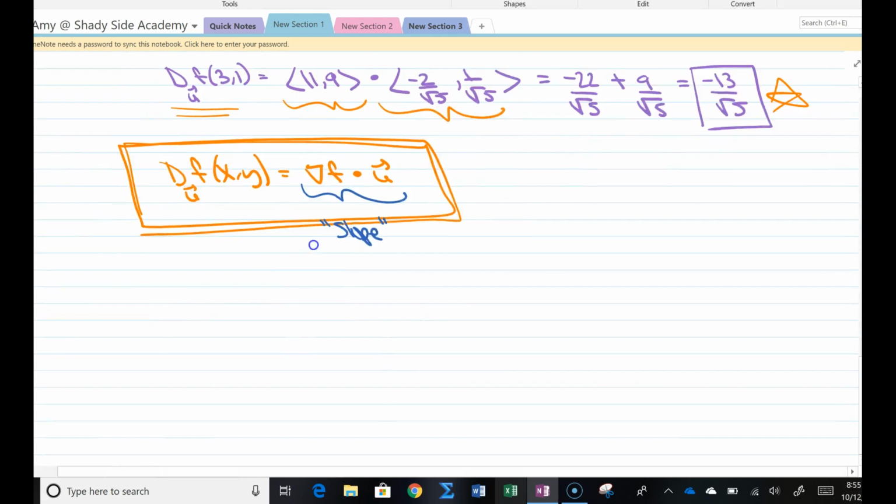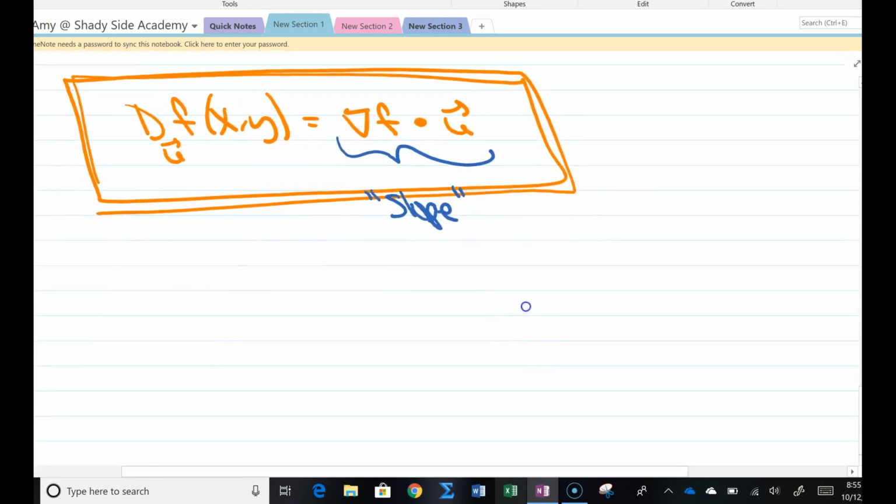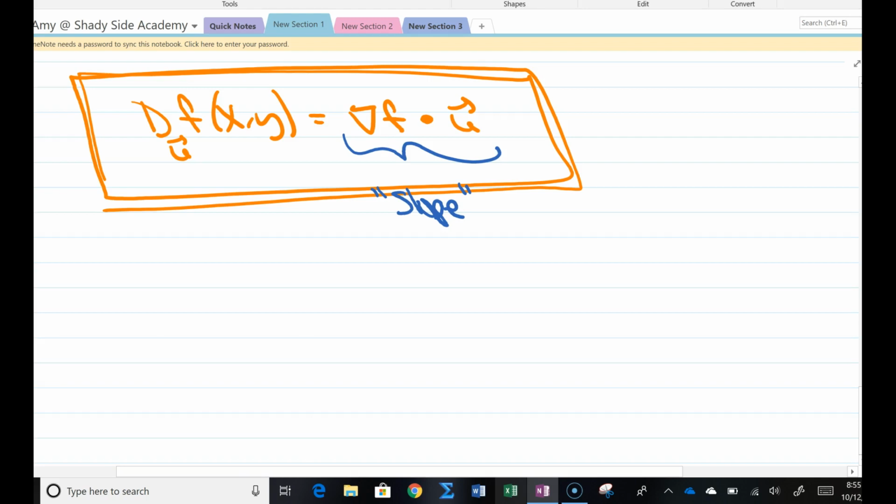So talk to me, well, actually, no, you can't talk to me. Talk to each other for a second about the relationship between the angle between this vector and this vector, because these are two vectors after all. Talk to me about the relationship between the angle between these two vectors and the maximum and minimum value of the directional derivative.